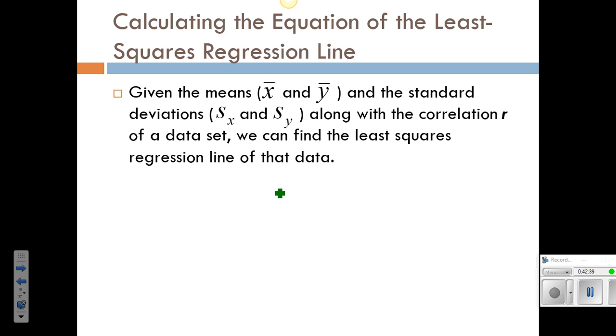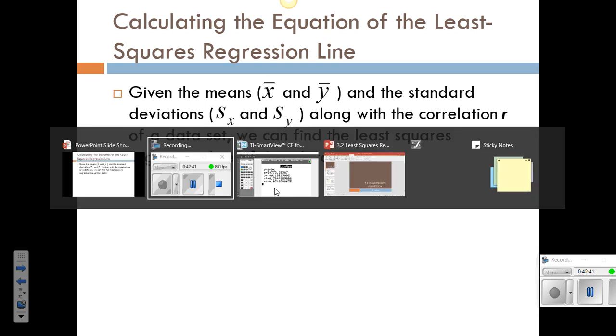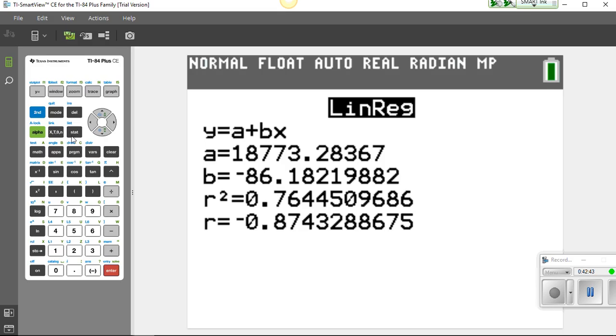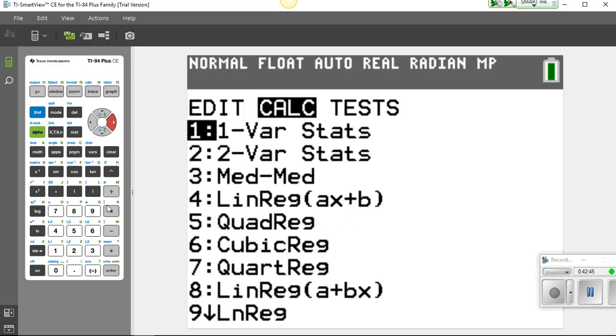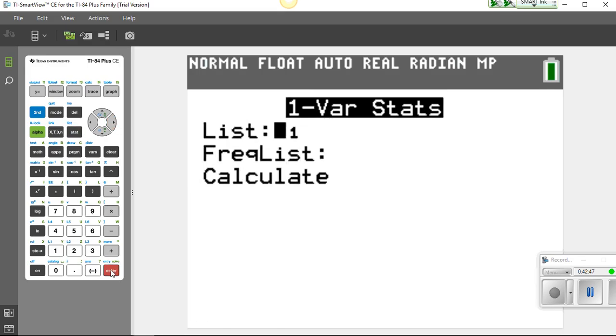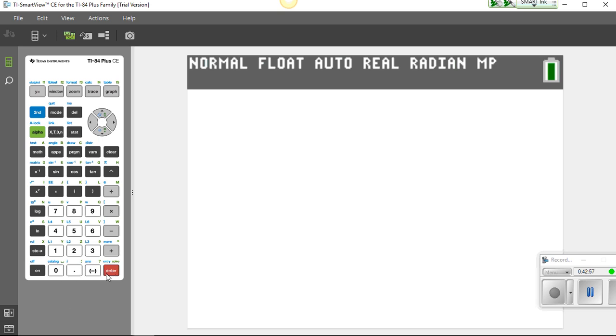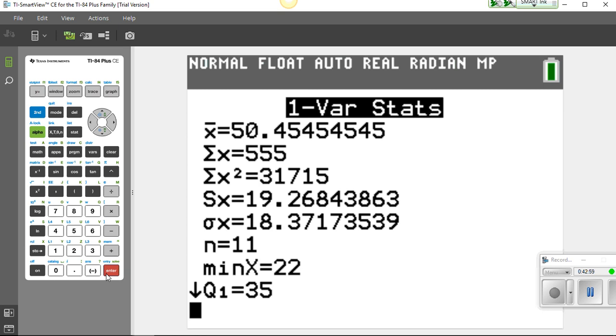I'm going to calculate this for you so you can see. Generally, we use our handy-dandy calculator to do this. Do you guys remember going to 1-Var Stats? If I have list 1 here, what am I finding the stats of? The x values, because x values are in list 1, right? Do you guys see that this averages to 50.5?